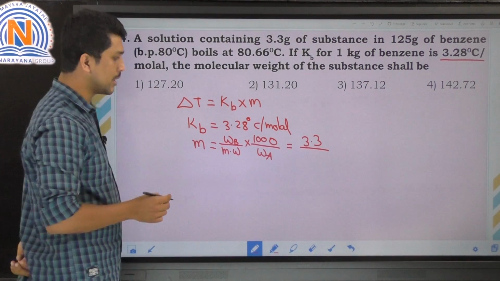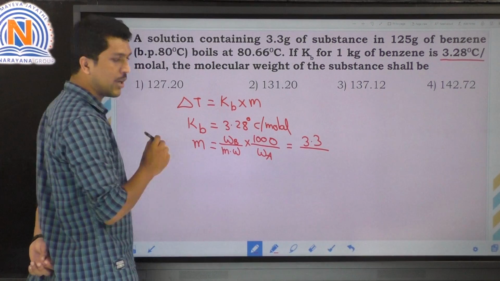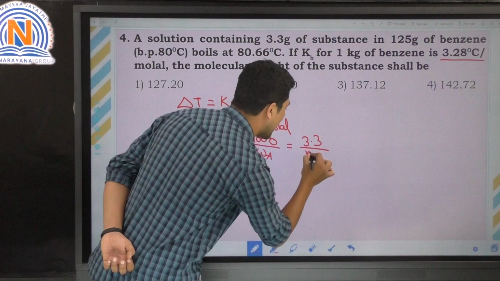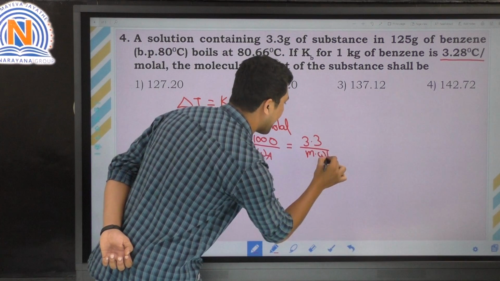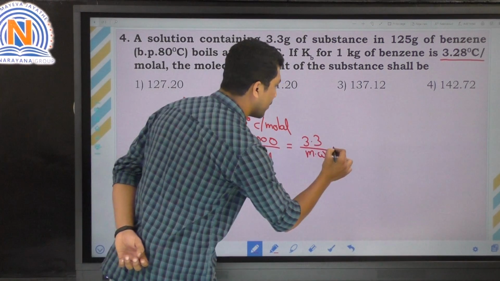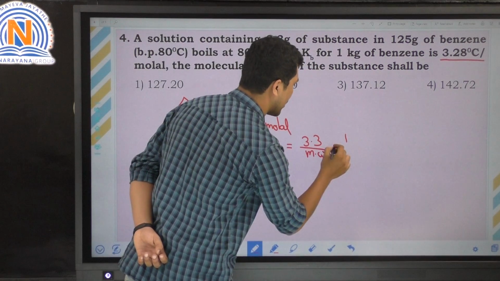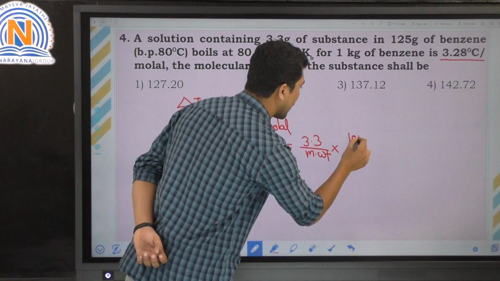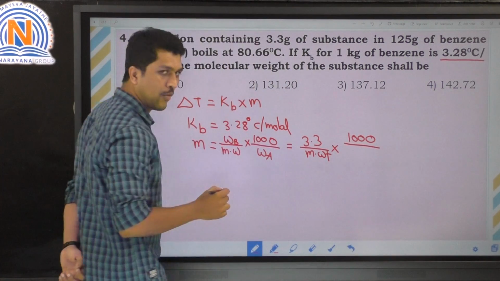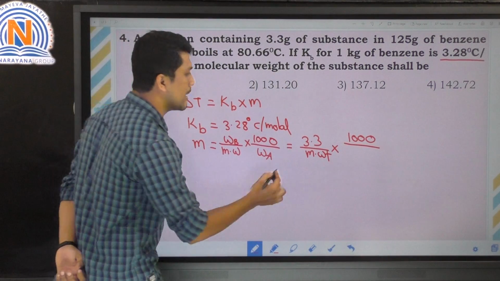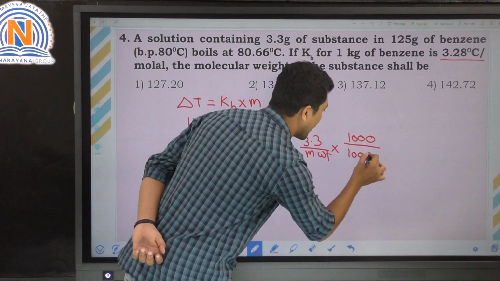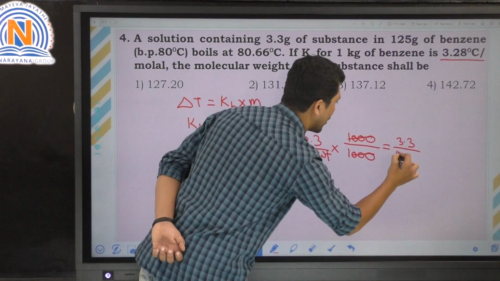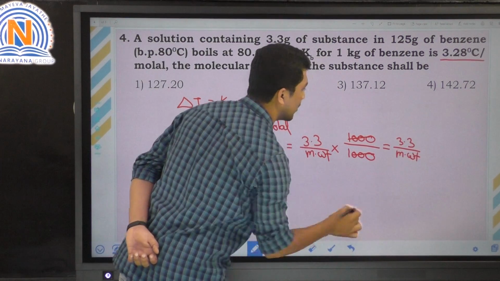We need to find the molecular weight of the substance, MWT. 1 kg we can convert into grams, that is 1000, so it cancels, and the molality equals 3.3 by the molecular weight of the substance, right?